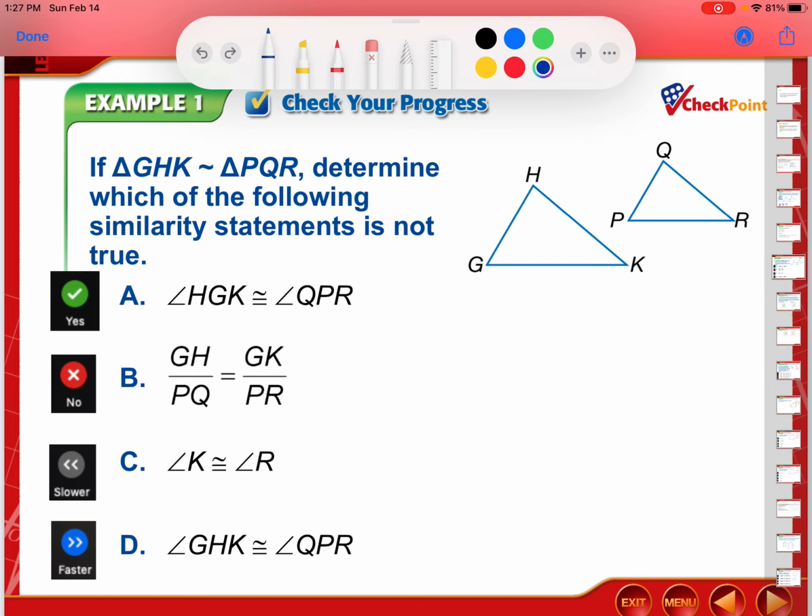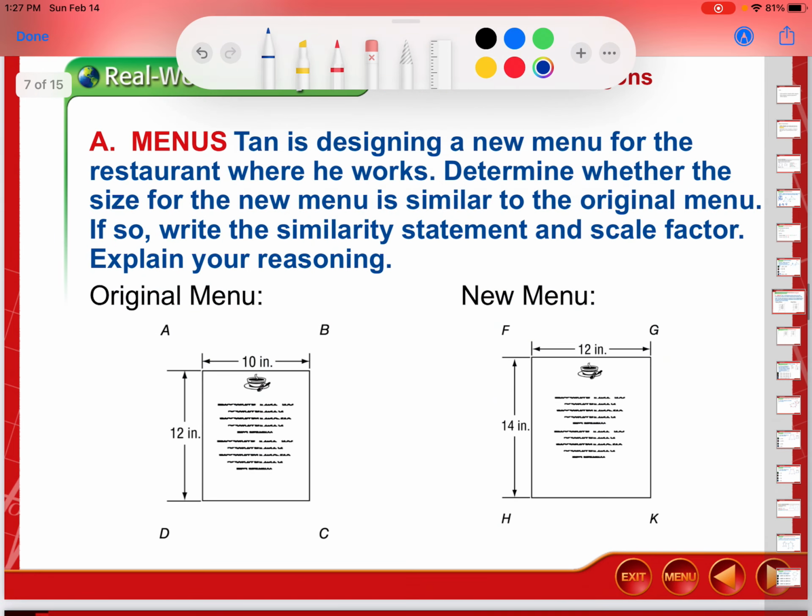That would be true. Angle K is congruent to angle R. I would agree with that. And angle GHK is congruent to angle PQR. So they're saying this angle and this angle are congruent. So that one would not be true. So our answer is D.